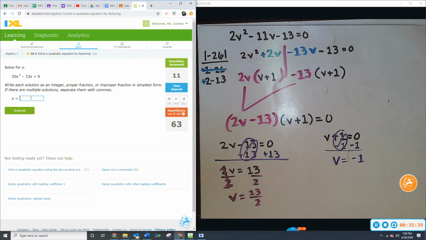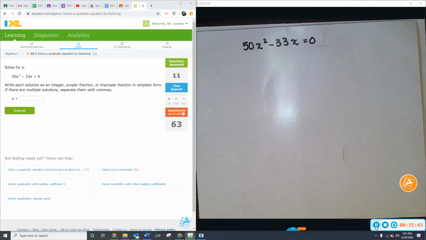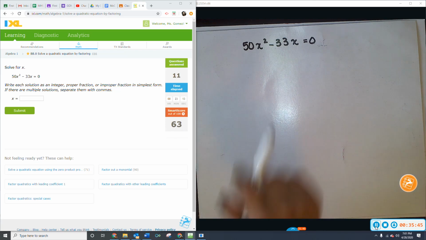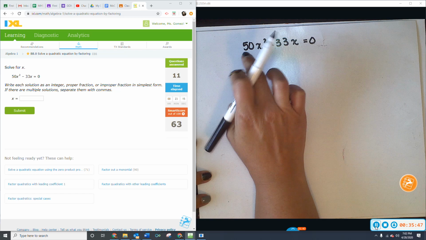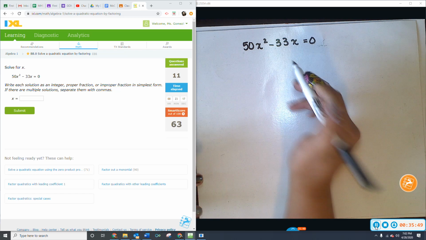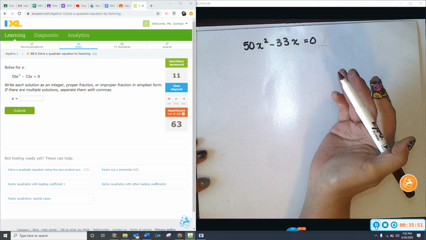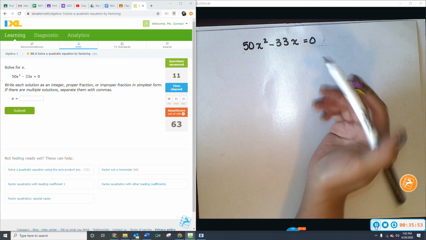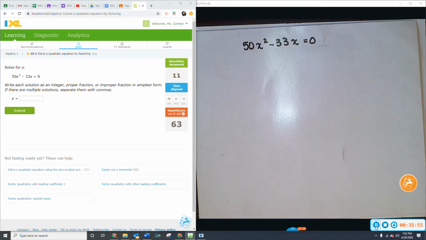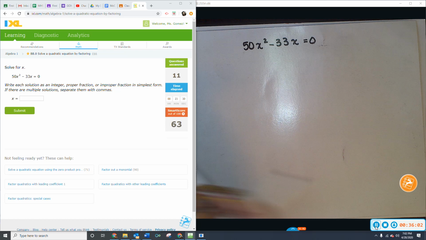Let me erase. Alrighty, so taking a look here, 50x squared minus 33x, they do not have a GCF. It is a binomial, but taking a look at page 35, if it's a binomial, you would want to double check to see if it was a perfect square.